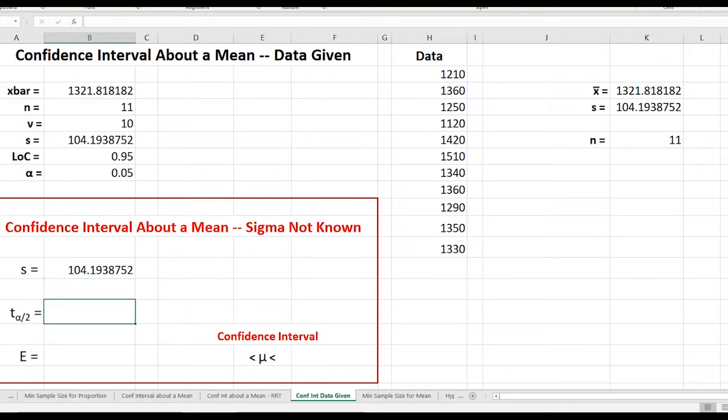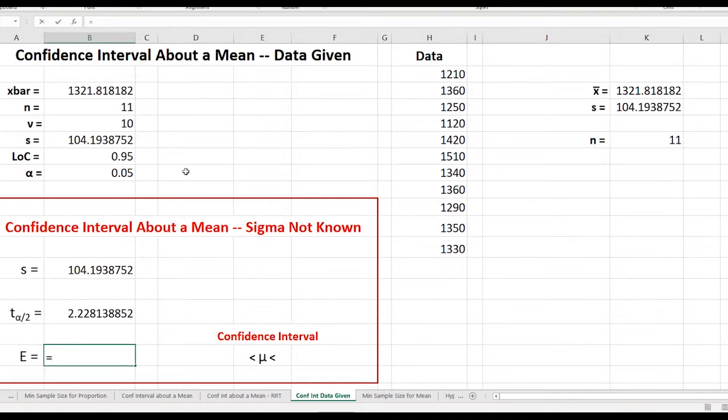So t sub alpha over 2 is equal to t.inv.2t of whatever alpha is, comma, whatever my degrees of freedom are, but that's nu. E, remember the calculation for that.